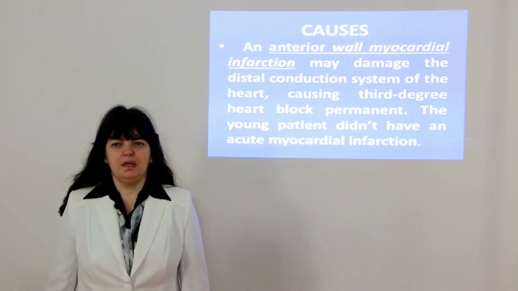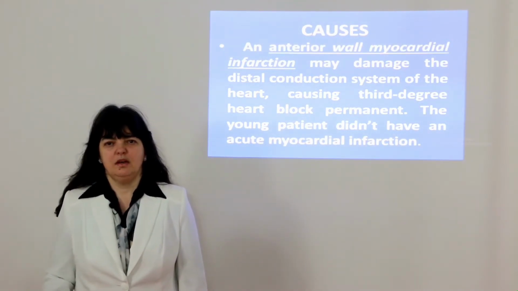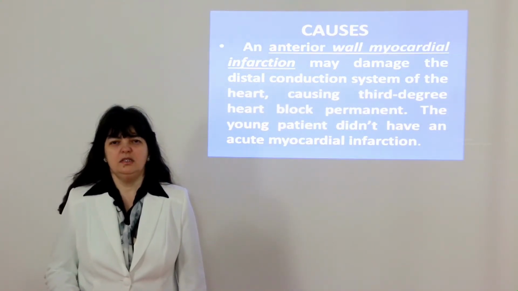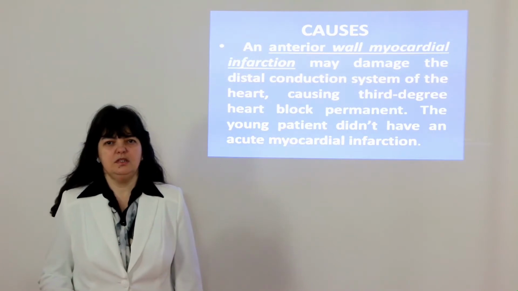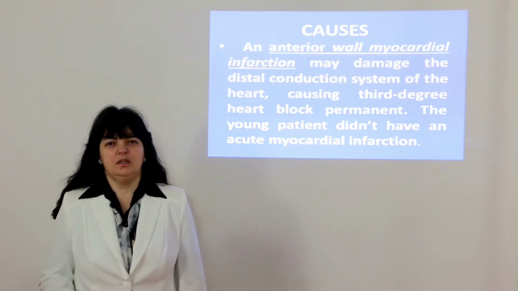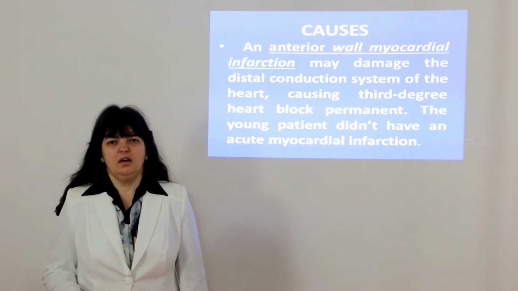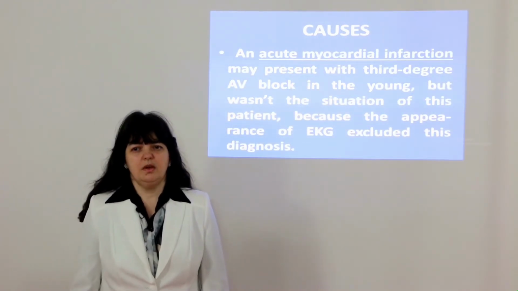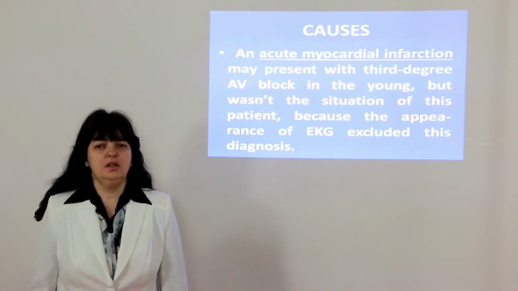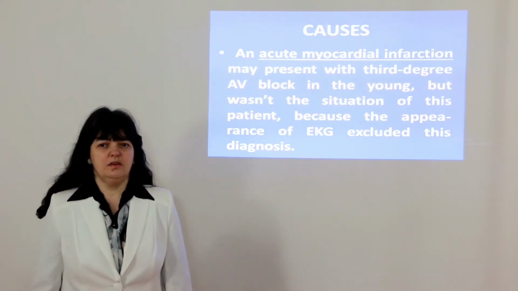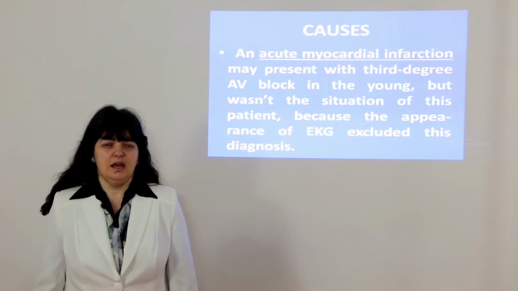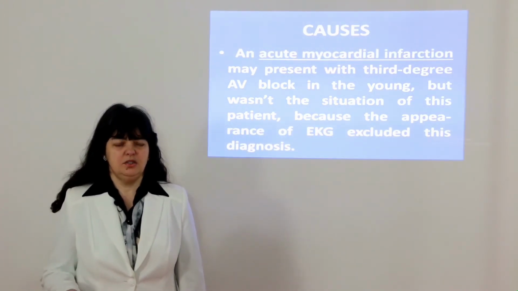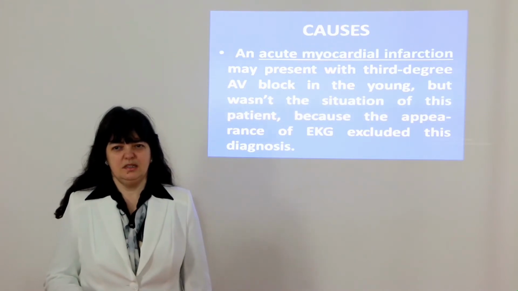The young patient didn't have an acute myocardial infarction because the ECG image wasn't an image of an acute heart attack. In conclusion, an acute myocardial infarction may present with a third-degree AV block in the young, but that wasn't the situation of this patient because the ECG appearance excluded this diagnosis.